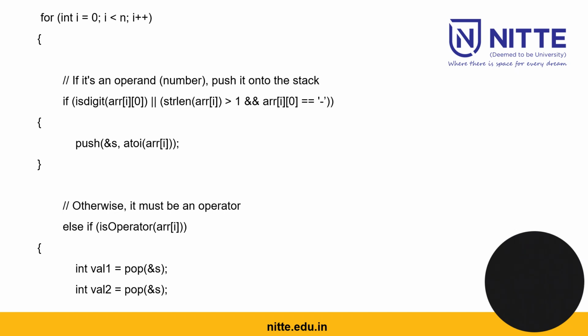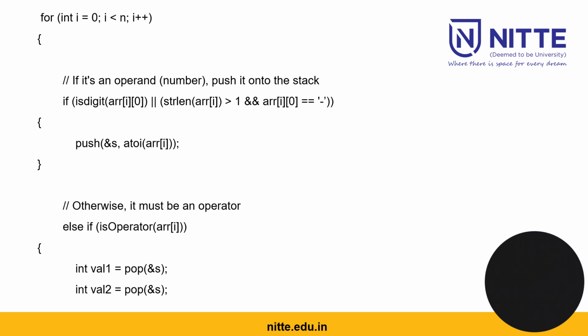We are going to push it into the stack. Before pushing that into the stack, it will convert it from ASCII value to integer. That is why we will write atoi, that means ASCII value to integer.